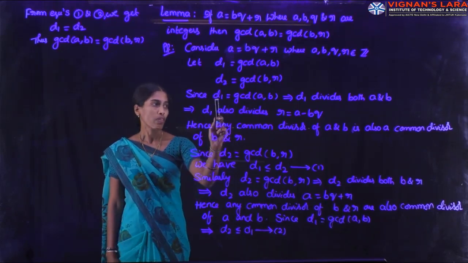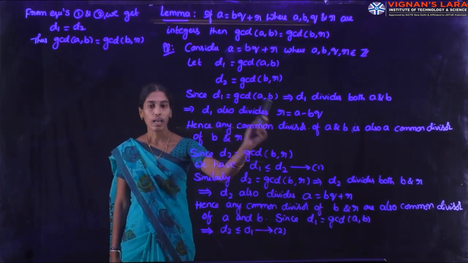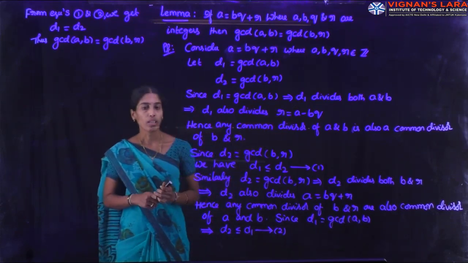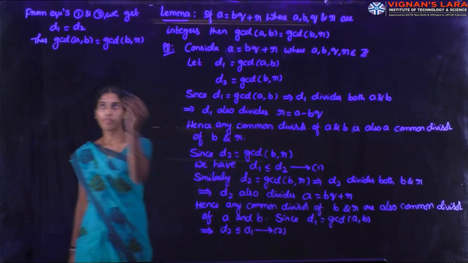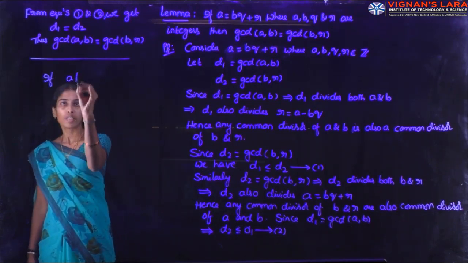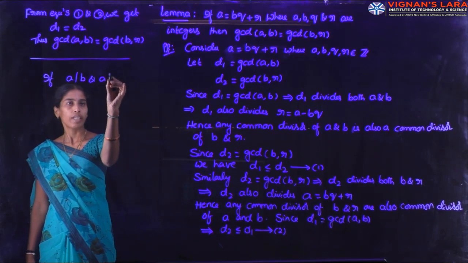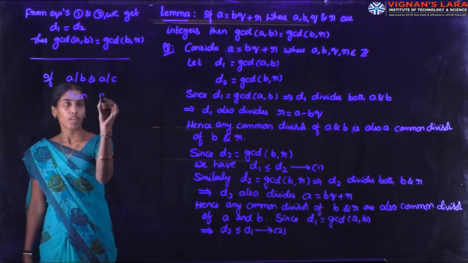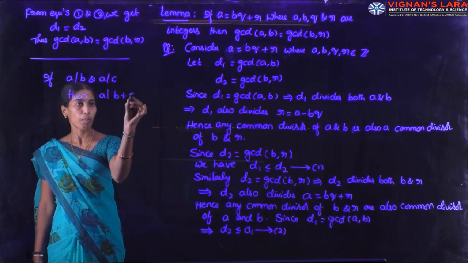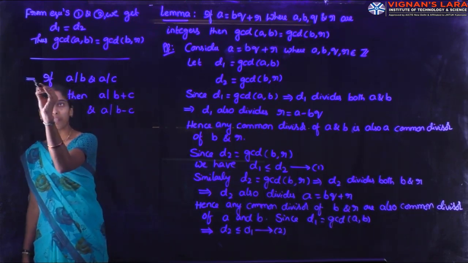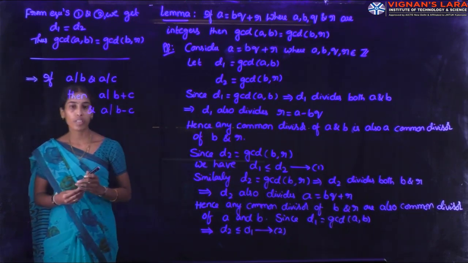So D1 divides both A and B. We already proved in the previous class that if A divides B and A divides C, then A divides B plus C and A divides B minus C.